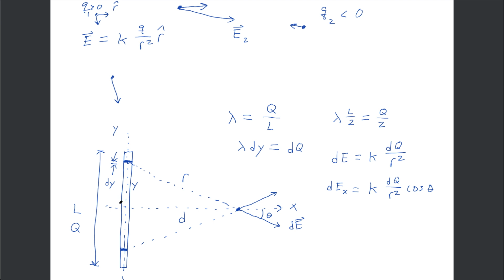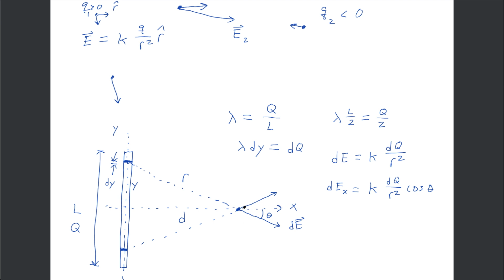In other words, because we've chosen a point that's directly out from the origin, out from the center of the rod, because of the symmetry, any electric field contribution from points up here will have vertical components canceled out by points down here because of that symmetry. And those opposite points will have equal x components.